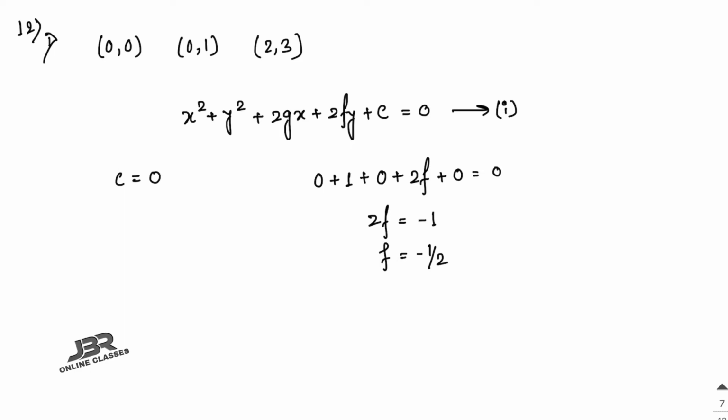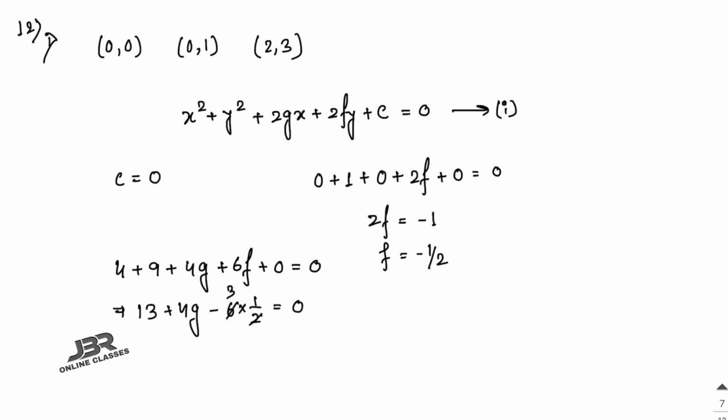Now the next one, just put the value of x and y, 2 and 3. So 2 square means 4, then 3 square means 9. Again here 2 into 2 into 2, so 4g, then here 6f and c equal to 0, that equals 0. Now 4 plus 9 is 13, plus 4g, here 6 into half, that equals 3, equal to 0.